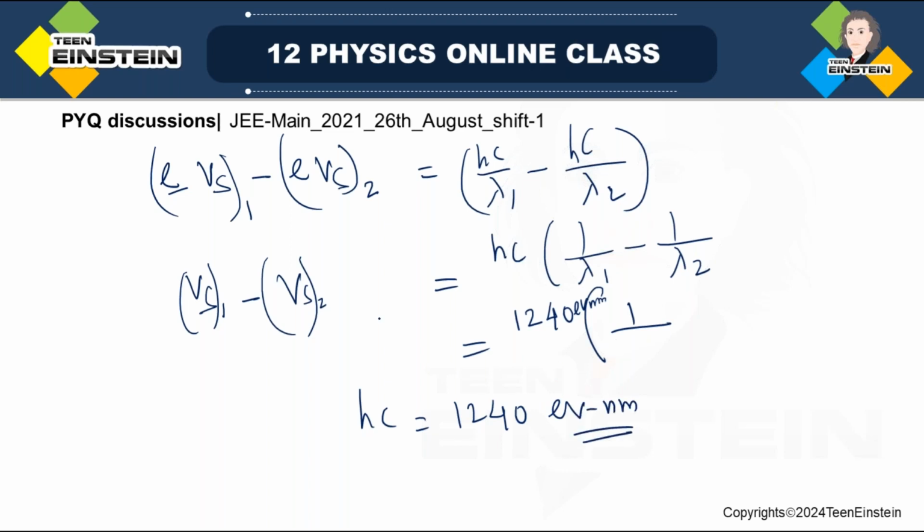That's how you get electron volt from both sides. If we subtract them, nanometer has gone, so I have electron volt on both sides. So I have 1 by 280 minus 1 over 400.